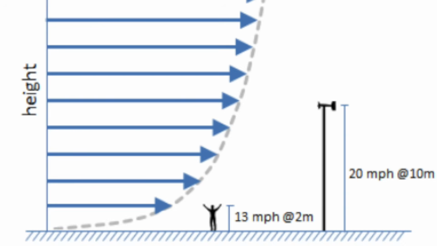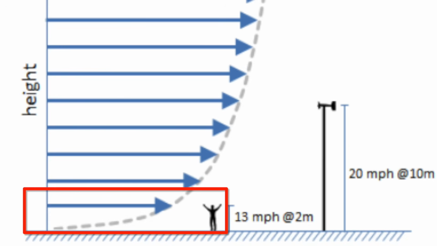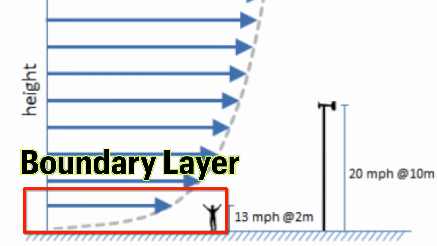Now, scientists measure the speed of wind above the surface, and the speed will actually form a gradient like that. As the elevation goes up, wind speed will pick up. Now, this part where wind speed is lower than the uninterfered speed at higher elevation is called the boundary layer.